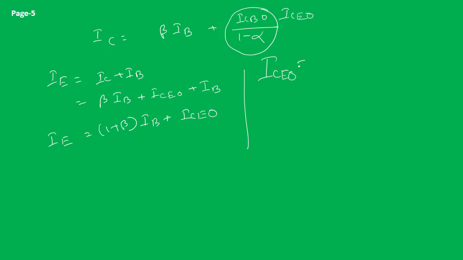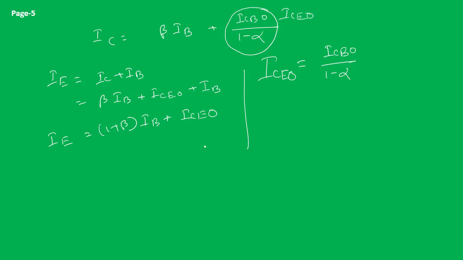Also we can say that ICEO, the leakage current in CE configuration that we have seen earlier, is equal to ICBO divided by 1 minus alpha, that is ICBO times 1 by 1 minus alpha.